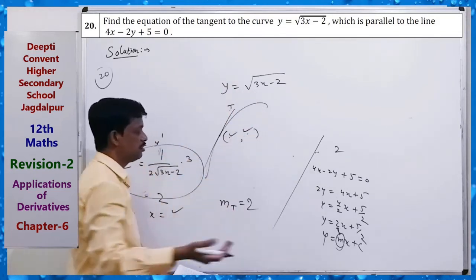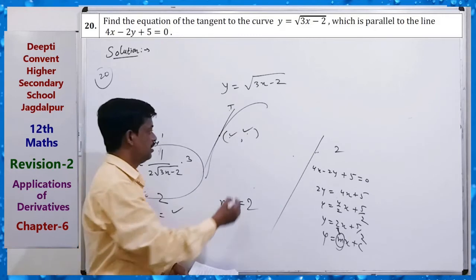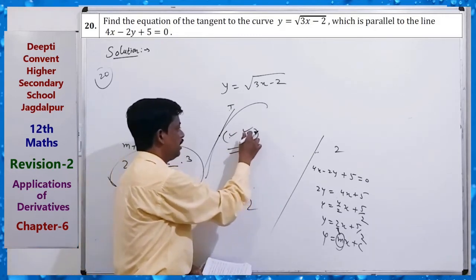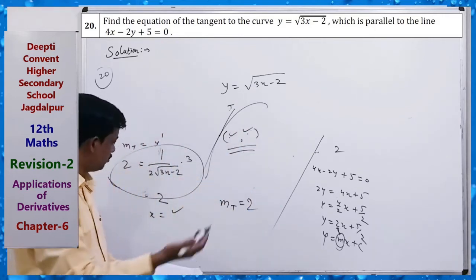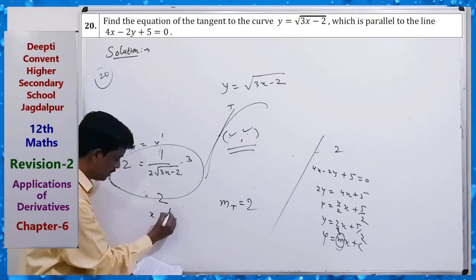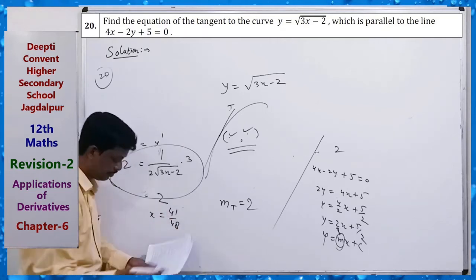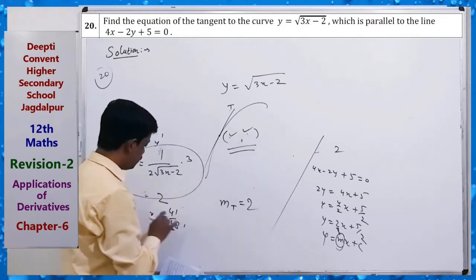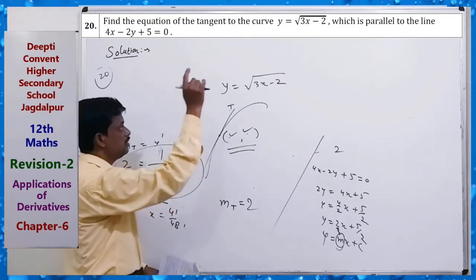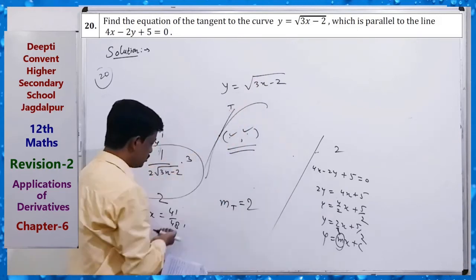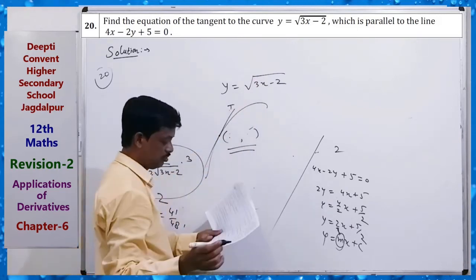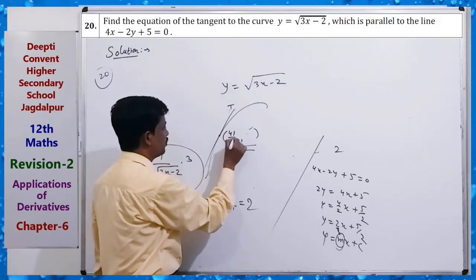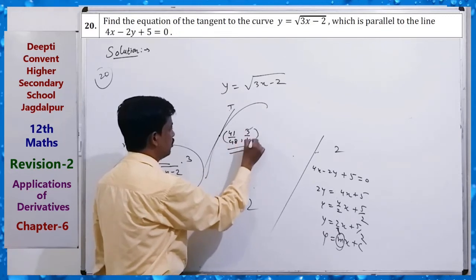Solving, you get x equals 41 by 48, and putting this in the curve, y equals 3 by 4. So 41 by 48 and 3 by 4 is the point of contact.